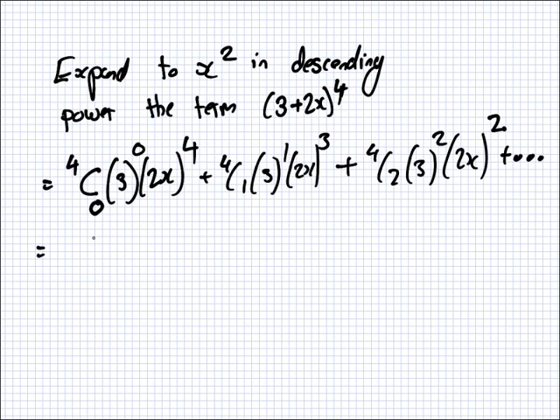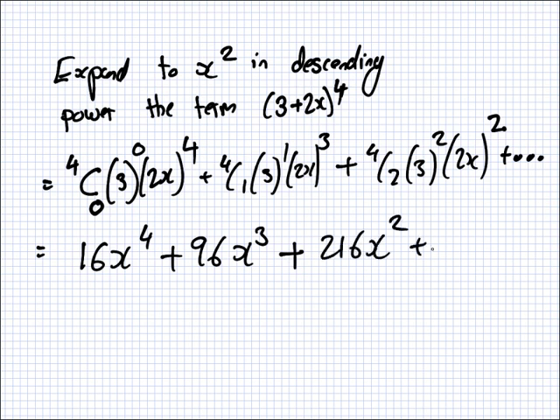So this will be 2 to the 4, 16 x to the power 4, yes? 12 times 8, 96, is it? Yeah, okay. 2 squared is 4, 3 squared is 9, 36, 36 times 4c2, what's that please? And then it's finished.